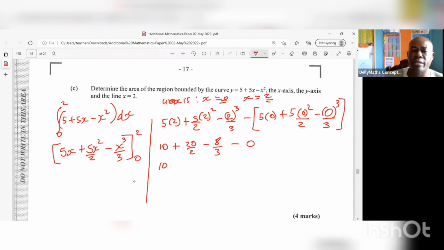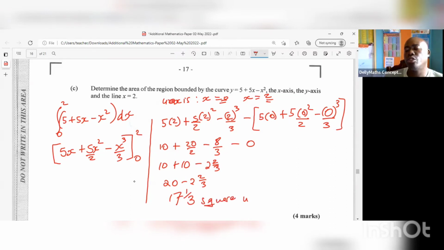So I have 10 plus 10 minus 2 and 2/3, so 20 minus 2 and 2/3. This gives me 17 and 1/3 square units. And there it is, we would have gotten the area bounded by these regions.